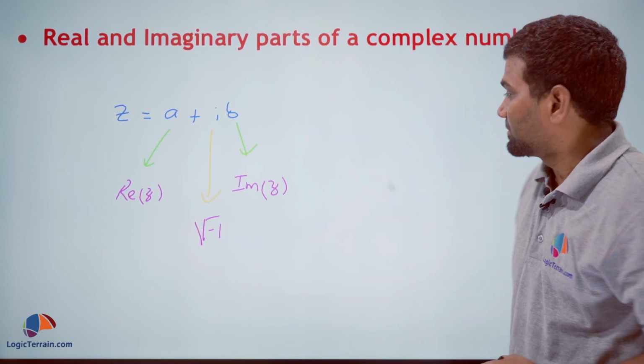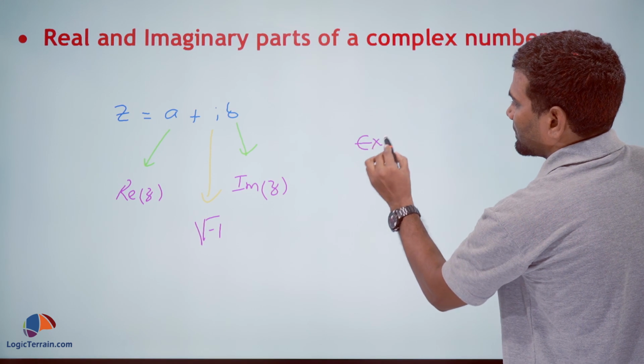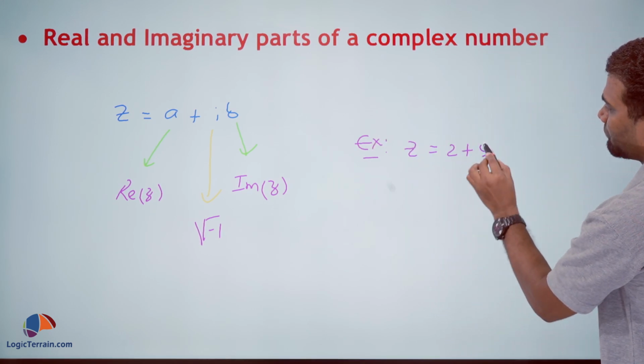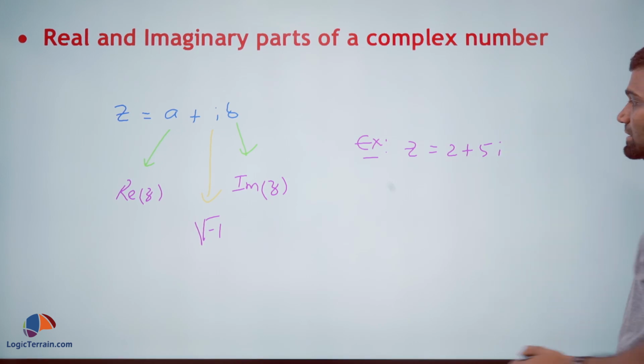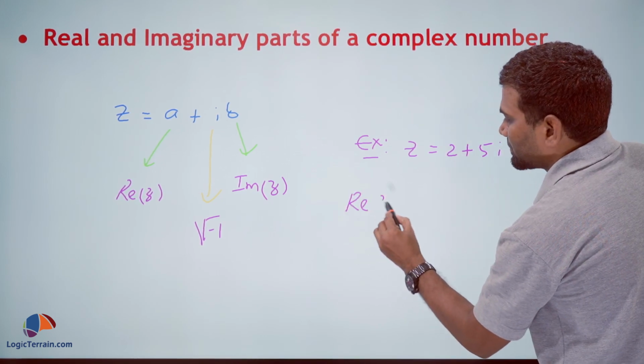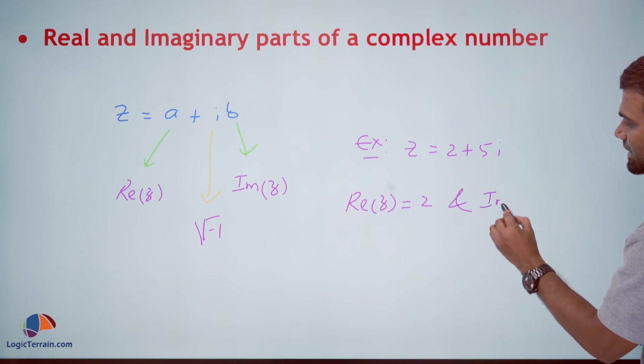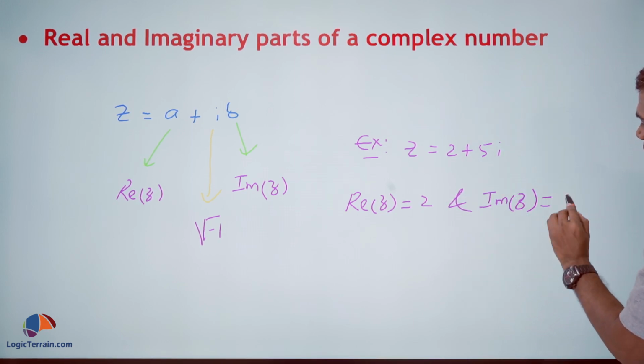So let us take one example. z = 2 + 5i. In this, the real part of z is 2 and the imaginary part of z is 5.